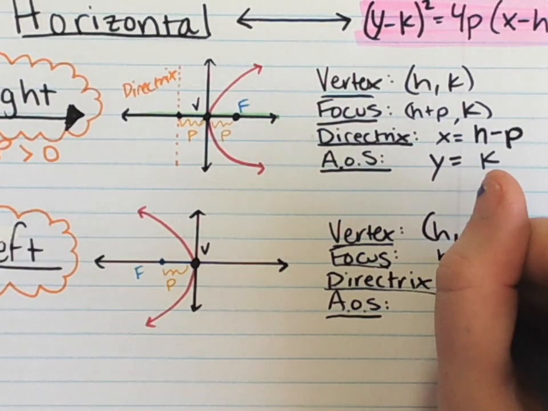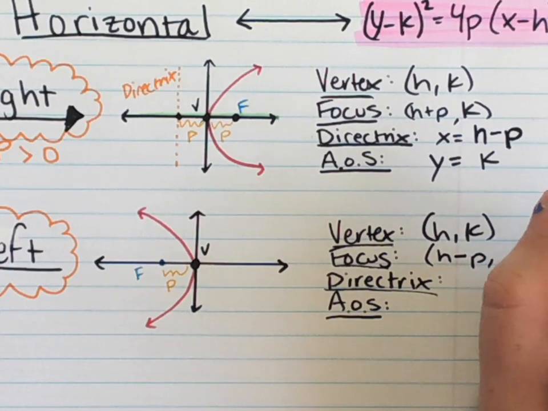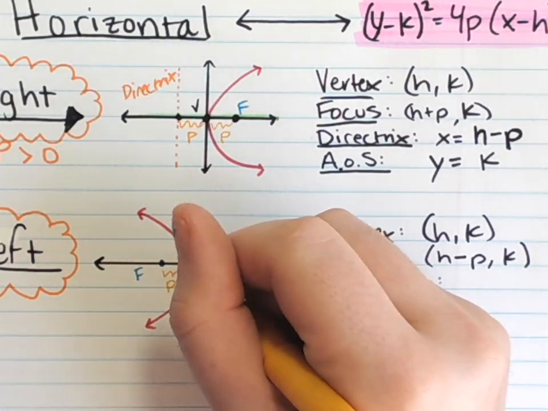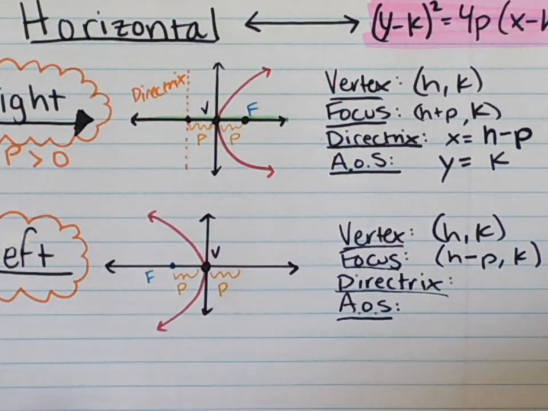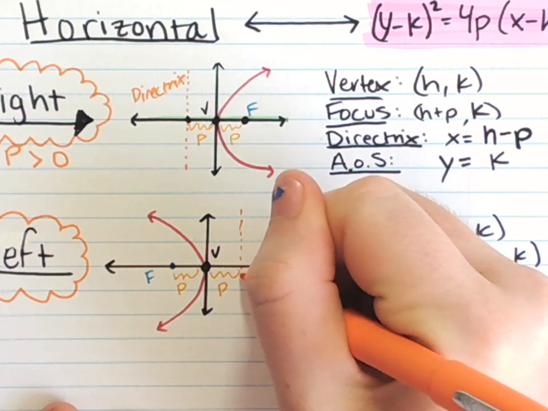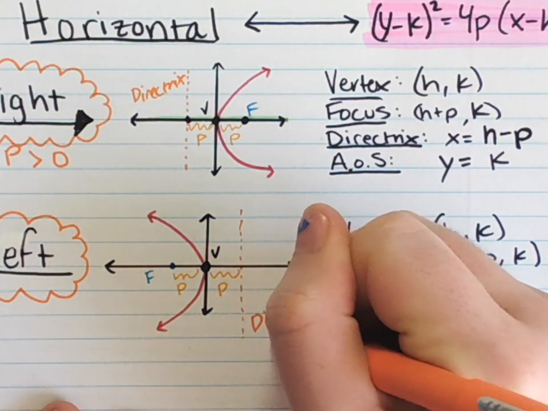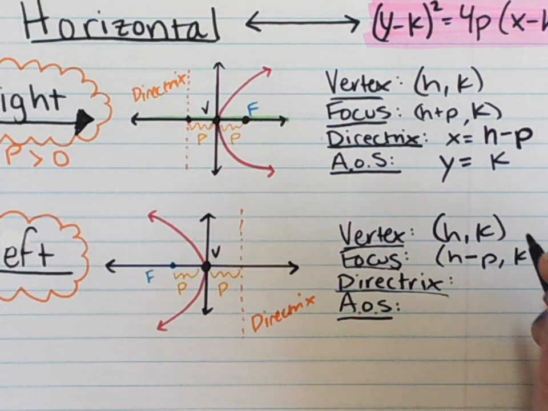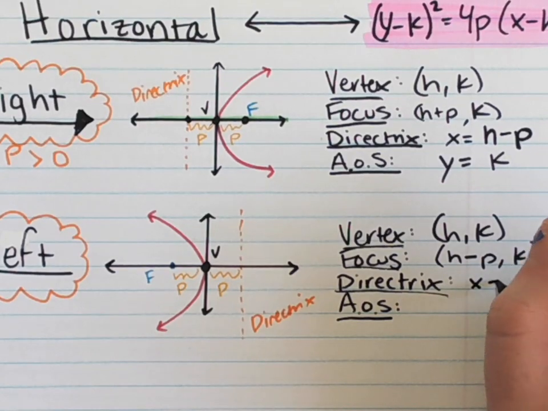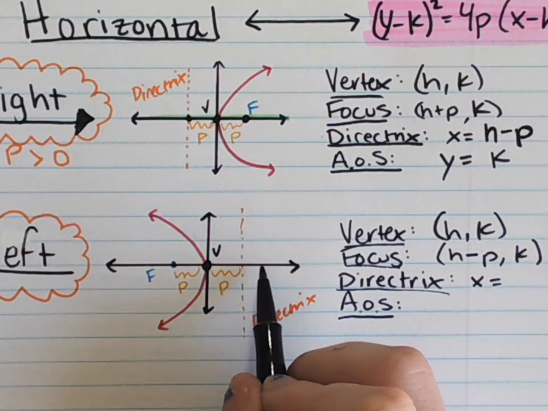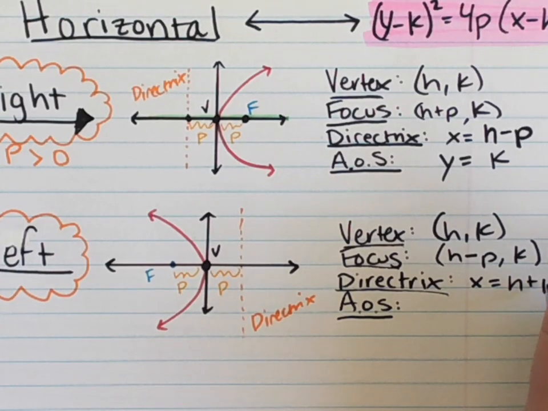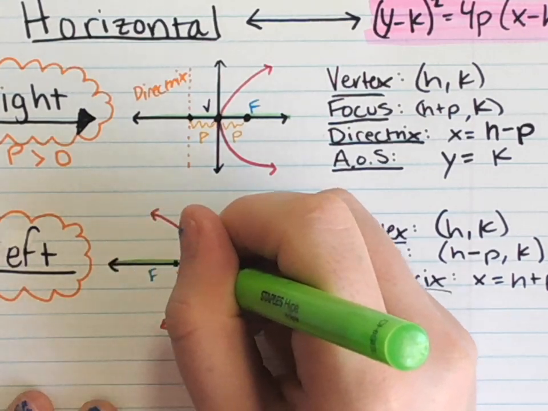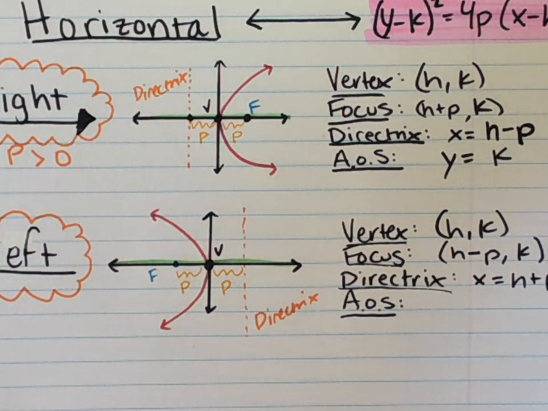So it's going to be h minus p comma k. And then we're going to do our directrix, which is the same distance p away. And it's going to go x equals whatever h was adding p. And the axis of symmetry is the same as the previous. Y equals whatever k is.